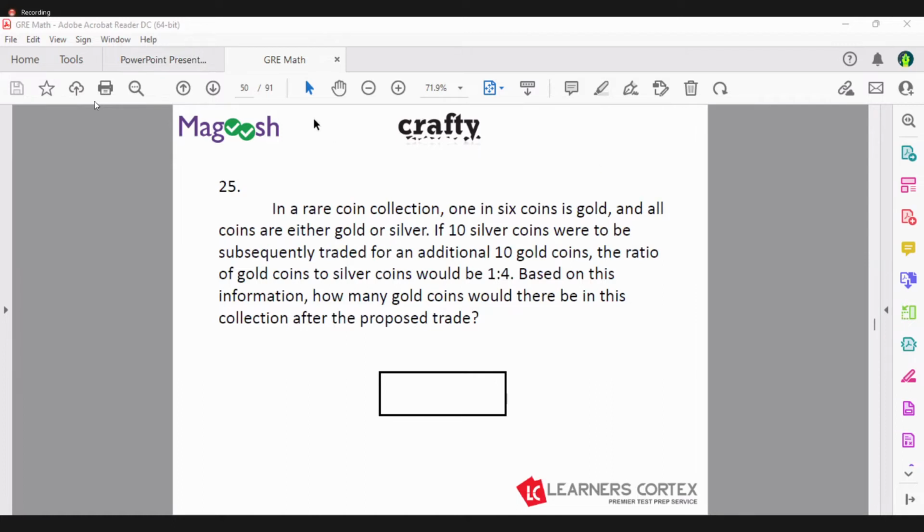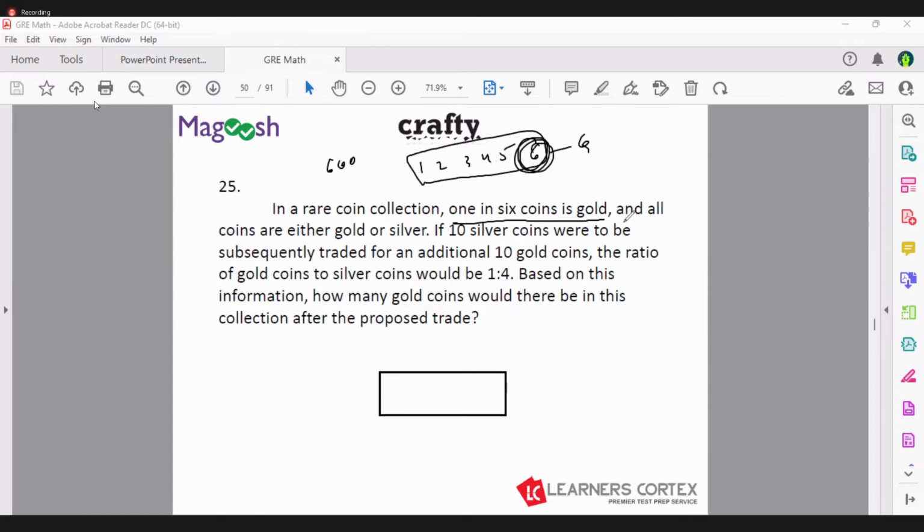Okay. So it is given that in a rare coin collection, 1 in 6 coins is gold. So let's say, for example, there are 600 coins. If we are counting the number of coins, then 1, 2, 3, 4, 5, and then 6. In every group of 6 coins, one of the coins is gold.